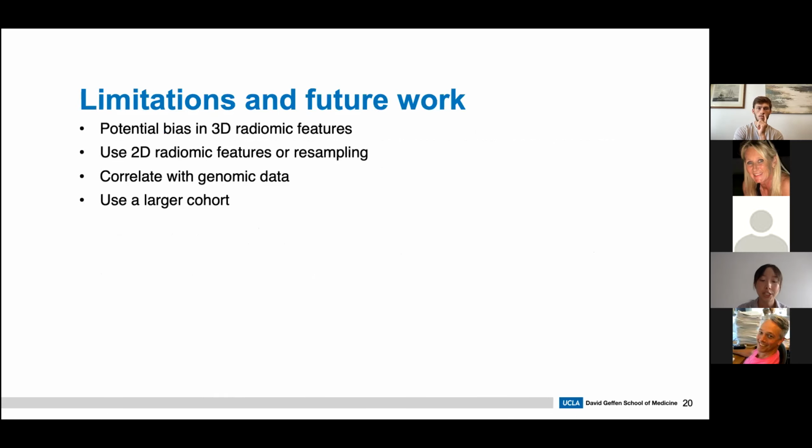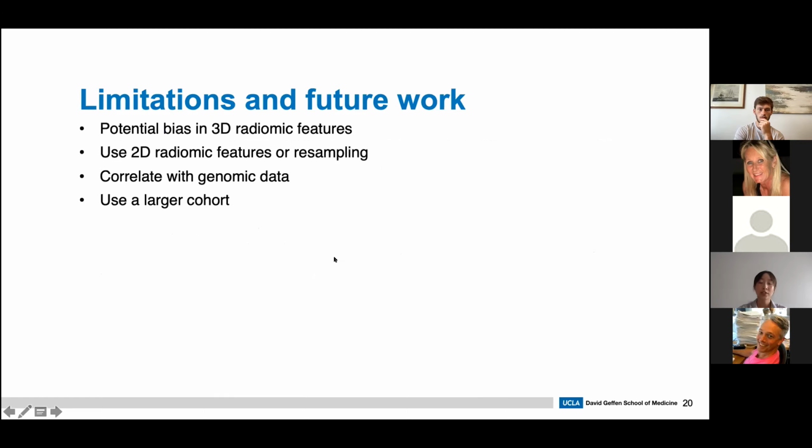Some limitations: since we extracted the features in 3D, our results might be sensitive to some MRI acquisition parameters, such as slice thickness, which is the resolution in the Z direction.